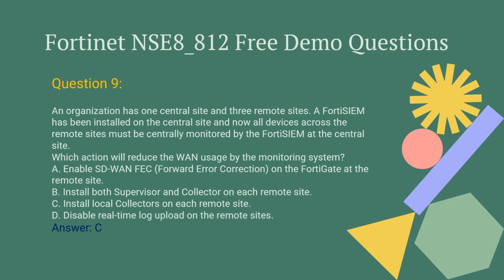A. Enable SD-WAN FEC, forward error correction, on the FortiGate at the remote site. B. Install both supervisor and collector on each remote site. C. Install local collectors on each remote site. D. Disable real-time log upload on the remote sites.